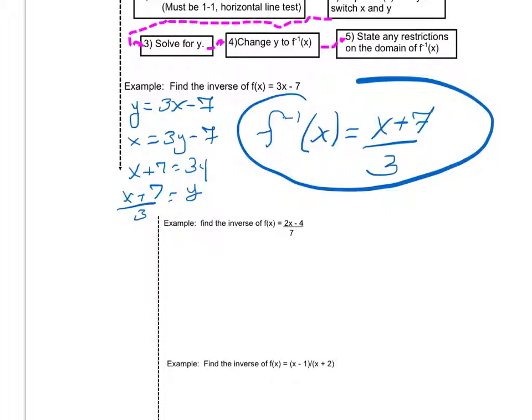Looking at a second example, I'm going to do the same thing. First thing I'm going to do is say y equals (2x minus 4) all over 7, so that I can then switch my x and y around. Therefore, x equals (2y minus 4) all over 7. So in an effort to get y by itself, I can now multiply by 7.